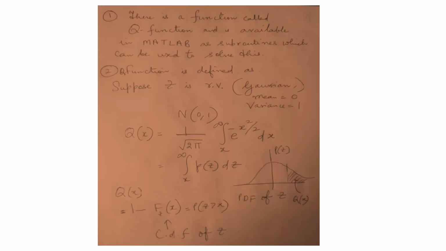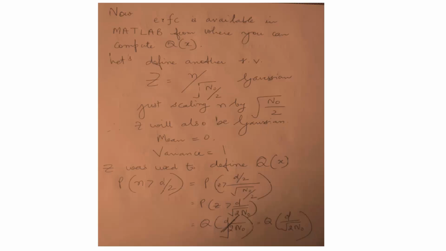So how can we do that? What we will do is that probability n greater than d by 2 will be equal to probability of z greater than d by 2. We will use this expression, so we will put the value of n to be d by 2 in this expression for z.